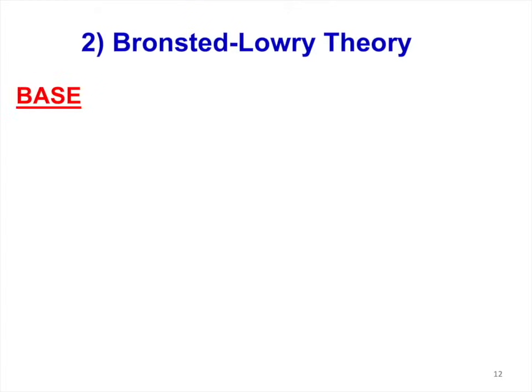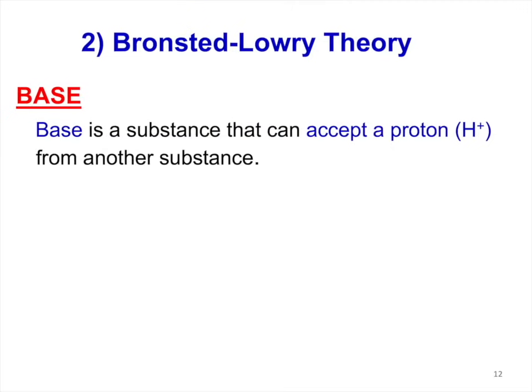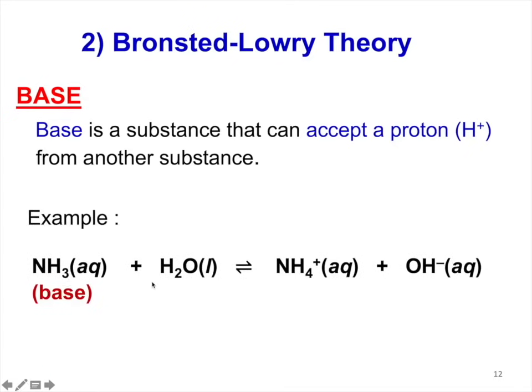Next is base. Base is a substance that can accept a proton from another substance. For example, NH3 + H2O to form NH4+ OH-. So in this case, NH3 is a base, so it will accept a proton to become NH4+.